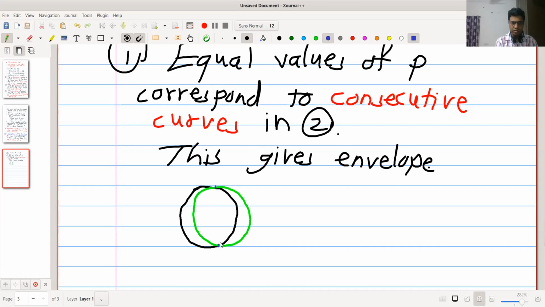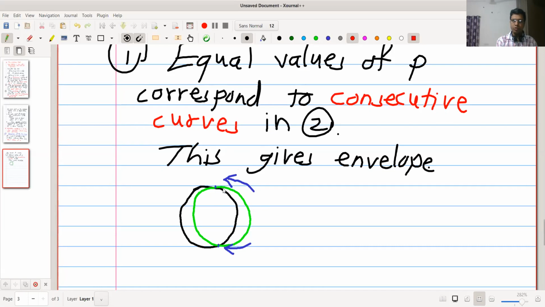And if we take limit like this, then these 2 points will be same.